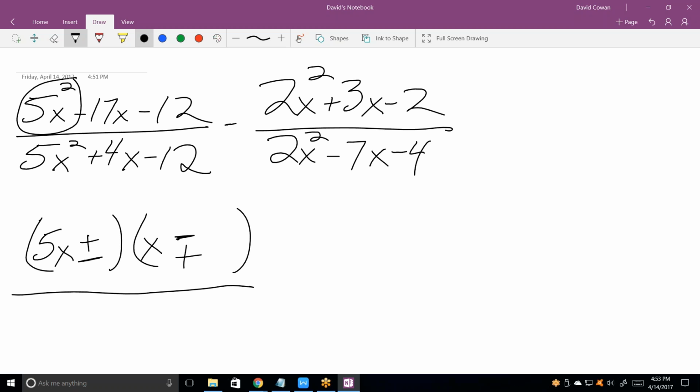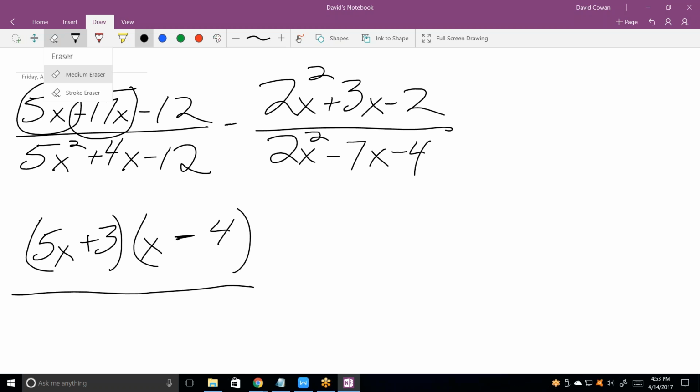Well, factors of 12. 4 and 3 works really nice. 4 there and 3 there. Notice that produces this middle term of minus 17x. That's what we want to do. When you're factoring, a lot of it is just trial and error.